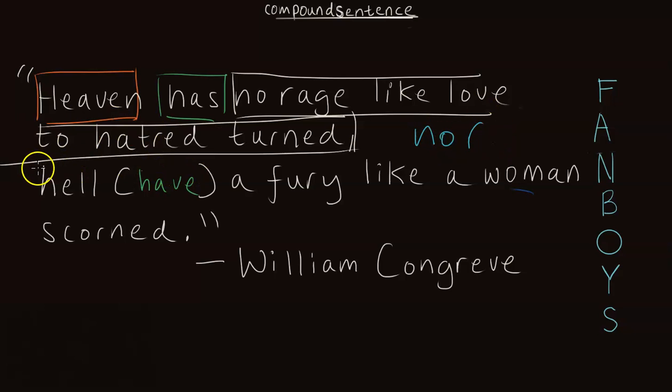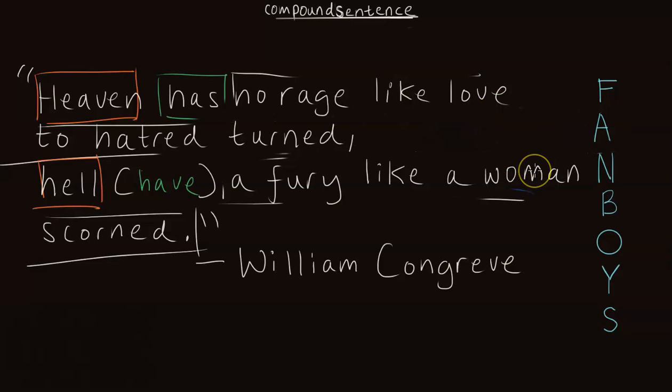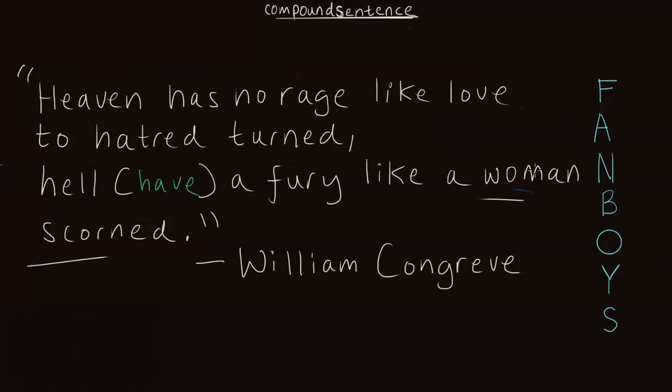Hell, subject. And then we have a verb that isn't actually stated, but it's have. And then another phrase as an object. Don't worry if you're not deconstructing the actual sentences. The important thing is that you're understanding which coordinating conjunction we need. Okay, next one. Well done.